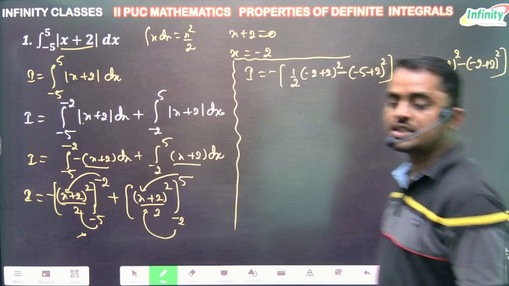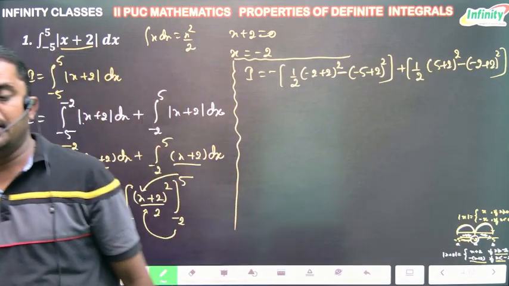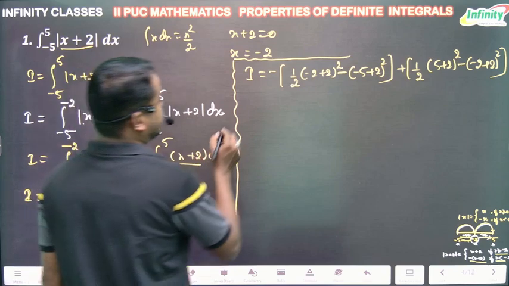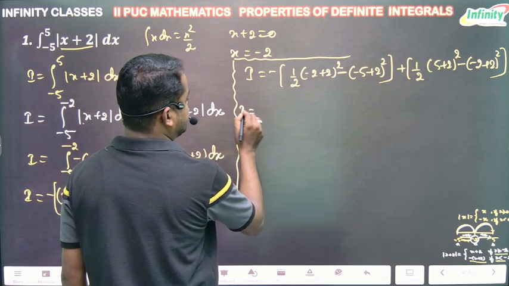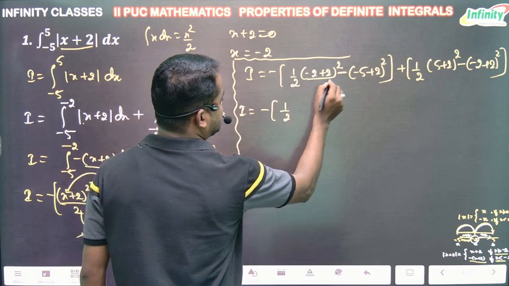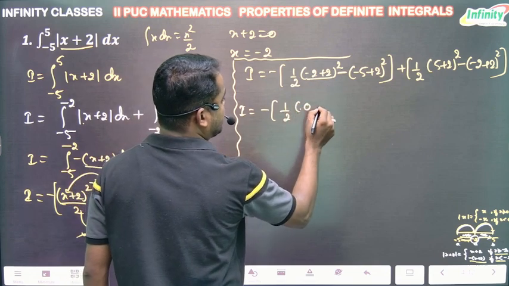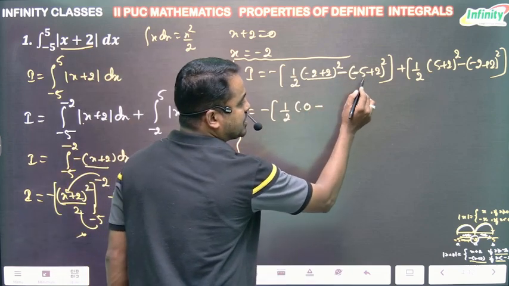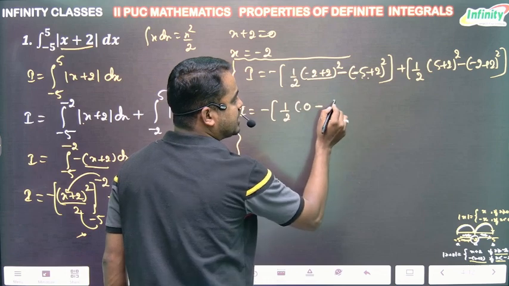After substituting the upper and lower limits, only simplification remains. So let us simplify. I is equal to minus 1 by 2, minus 2 plus 2 is 0, then minus, 5 plus 2 is minus 3, square is 9.